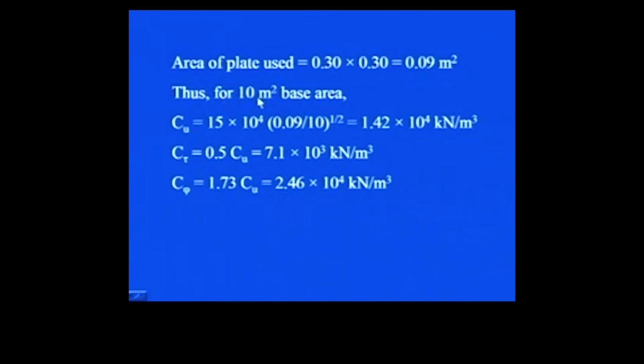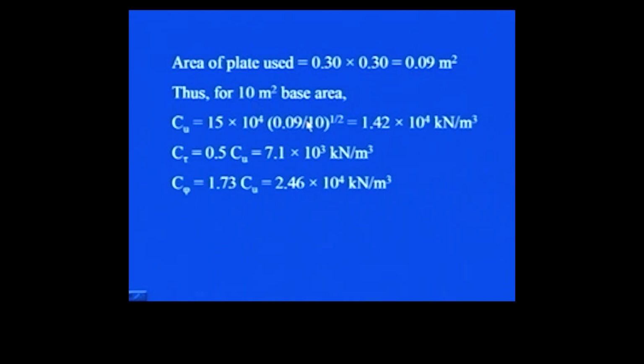So, for the base area of 10 meter square, you can get this Cu value using this expression: 15 into 10 to the power of 4, which we have obtained from the load intensity versus elastic settlement curve for the test plate, converted in this manner for the foundation. So, this is Cu into the area of the plate divided by the area of the foundation base, which is 10 in this case.